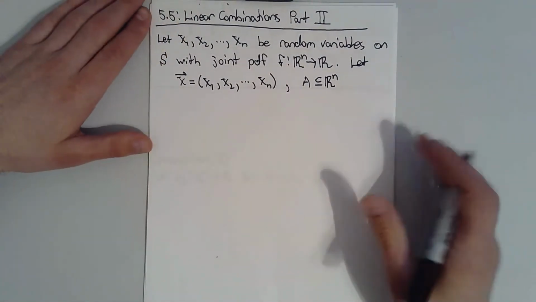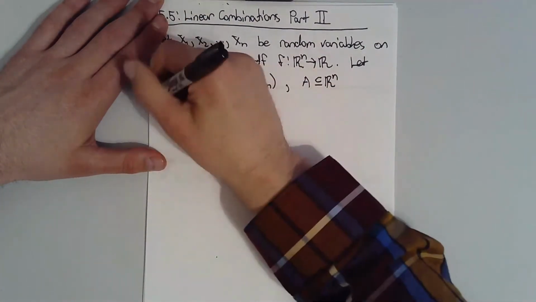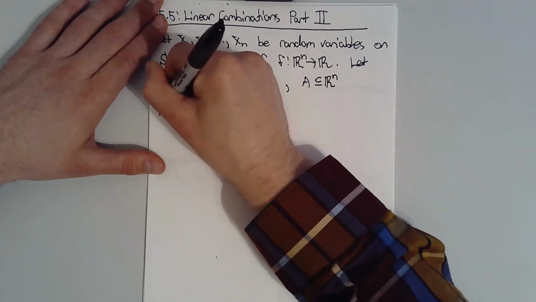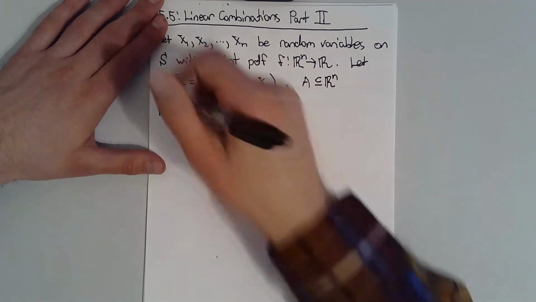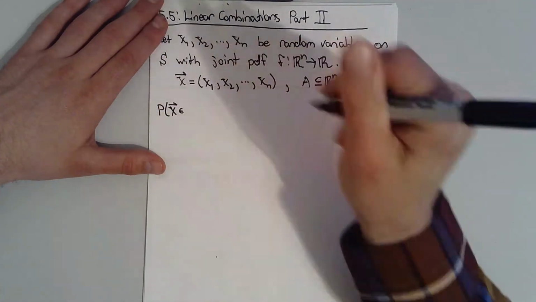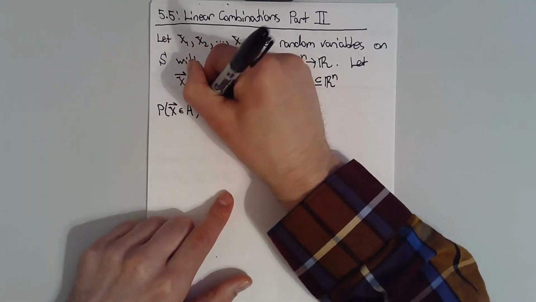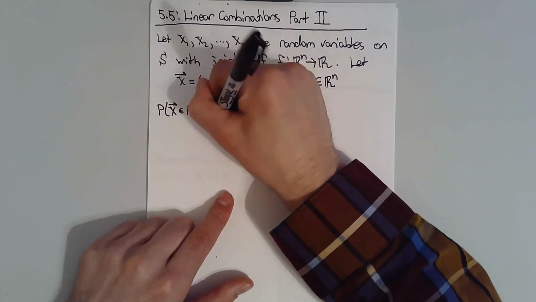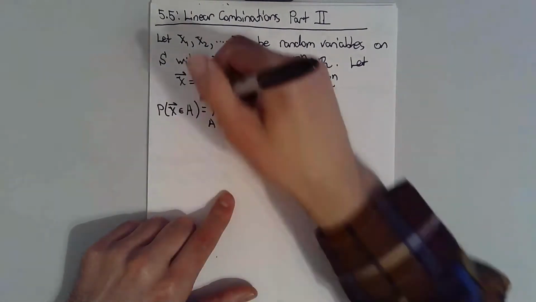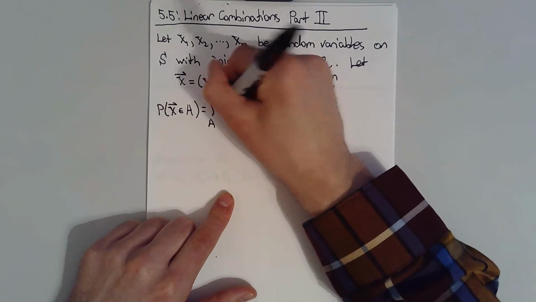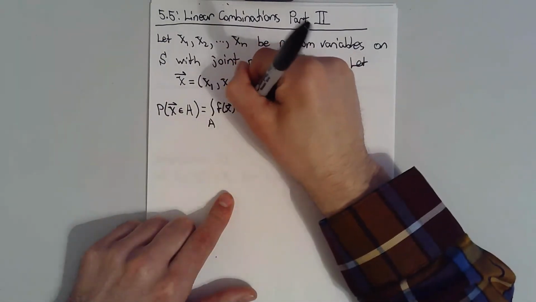So the idea to interpret this random vector, or this joint PDF, is the following. The probability that our random vector with these components takes on a value that is an element of the region A is equal to the n-dimensional integral over the region A of our joint PDF f of vector x, dx.